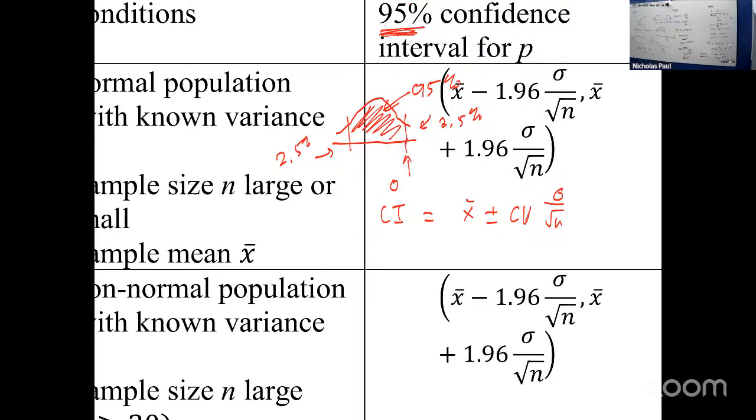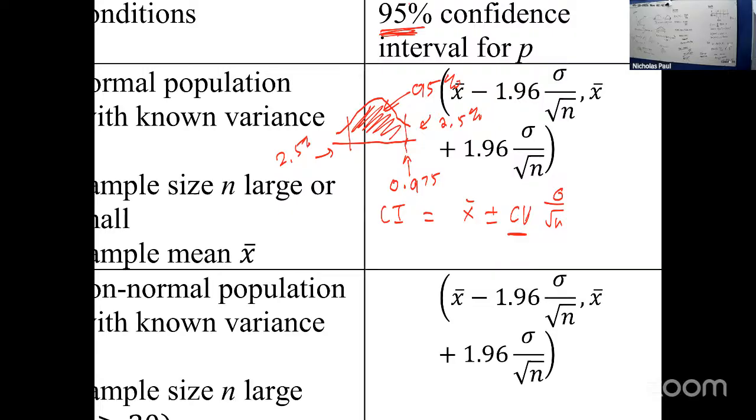You're reading off the value for 0.975. If they change it to 94% or 90%, you still remember: divide by 2 and minus 1. You read that value off, and that gives you a critical value all the time.